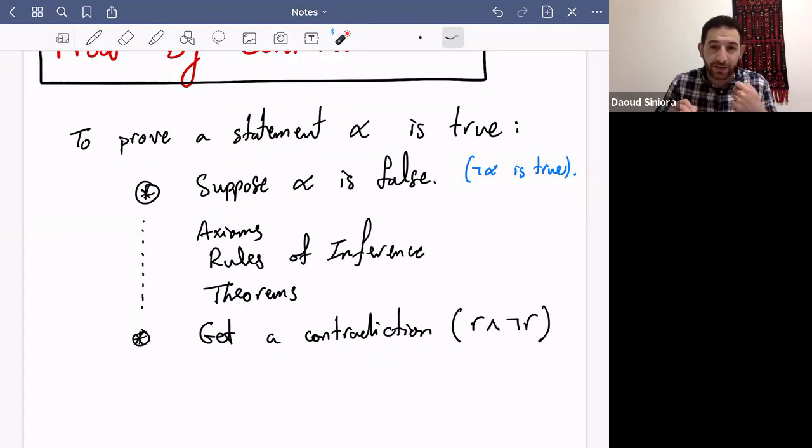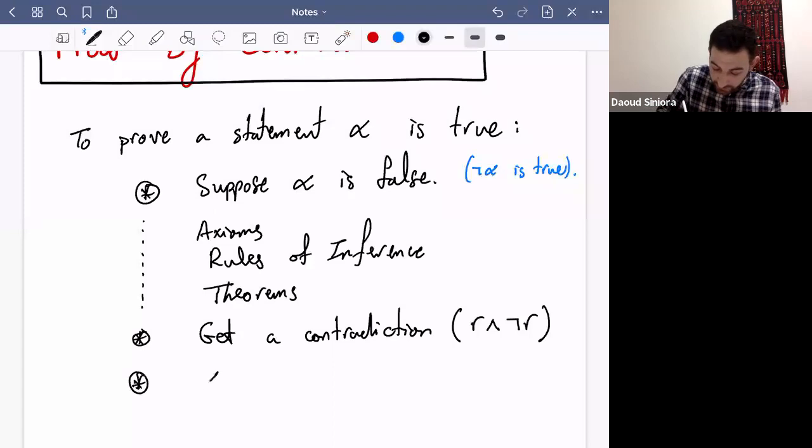Okay, so alpha can't be false, but we know that alpha is a statement in logic. It's either true or false. We don't have any third option, but we know it can't be false. This tells us we're only left with one choice for alpha, which is to be true. So we conclude that alpha must be true.